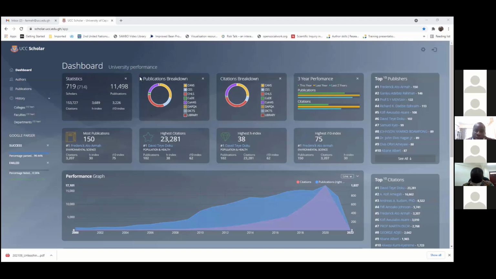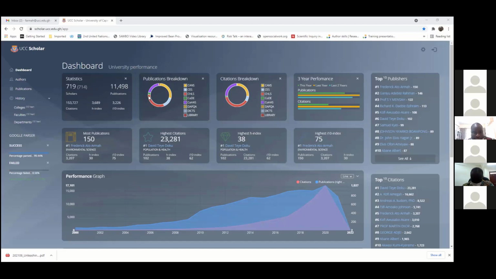Then here it breaks down the publications by various units in the university. So it tells us the proportion of the publications, that is the 11,498 publications that belong to the College of Agriculture and Natural Science. It tells us the proportion that has been contributed by the College of Education Studies, and then the proportion that has been contributed by the College of Humanities and Legal Studies.